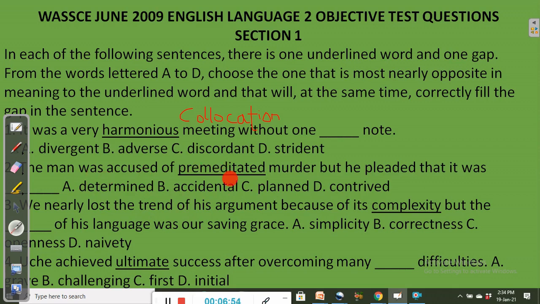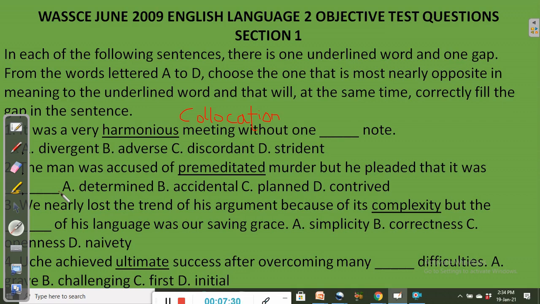The man was accused of premeditated murder, but he pleaded that it was accidental. That is logically correct, because accidental is something that happens without prior intention. It happened accidentally. And of course, there have been situations where someone killed another person accidentally. Like people in the security agencies.